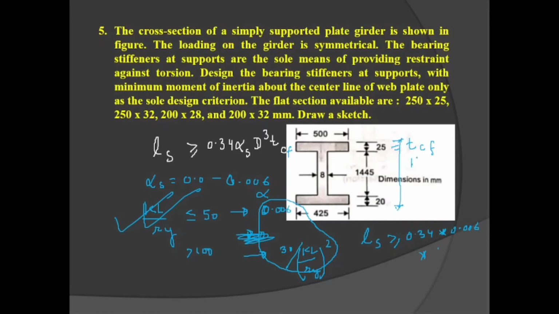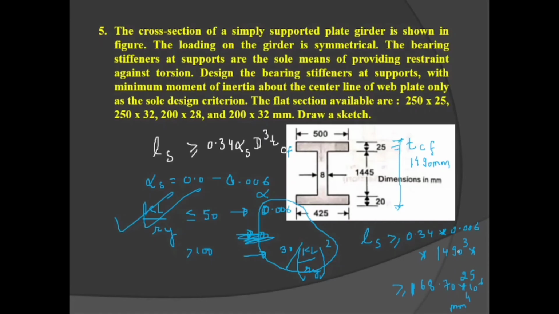So 1490 to the power 3 into thickness 25. This is more than or equal to 168.70 into 10 to the power 6 mm to the power 4.